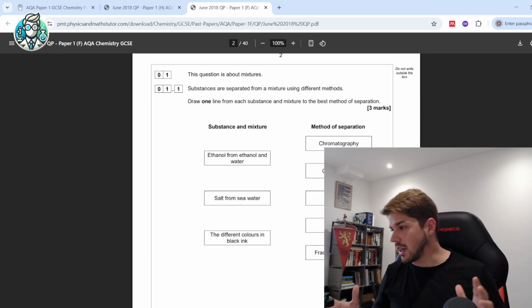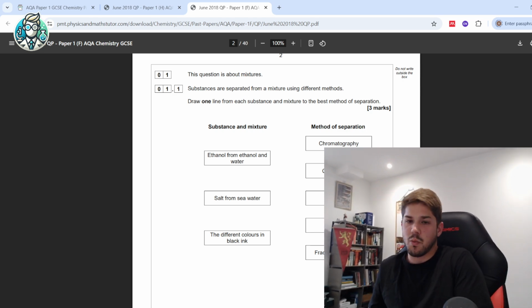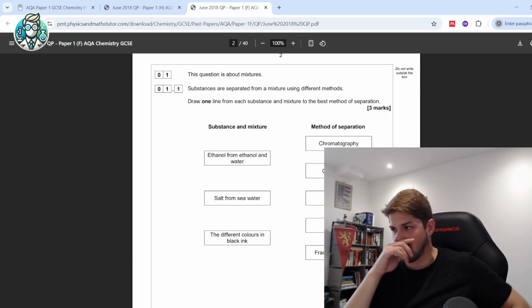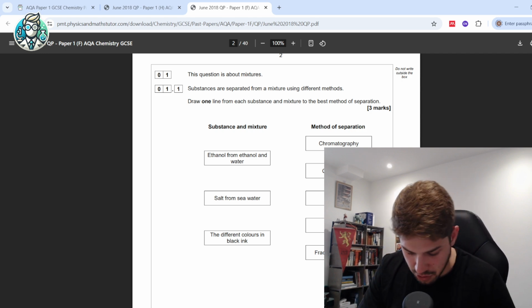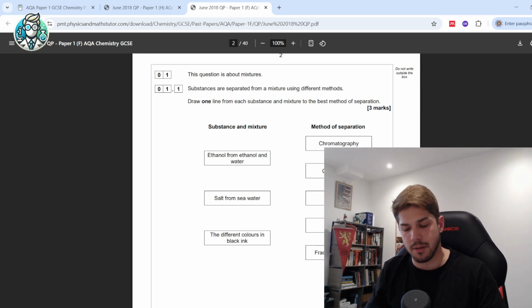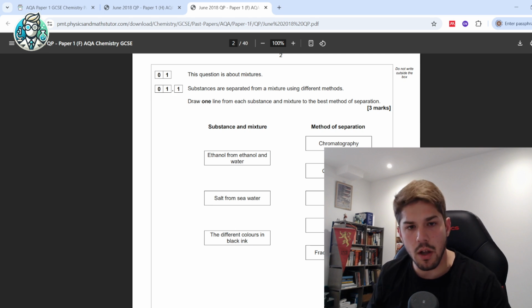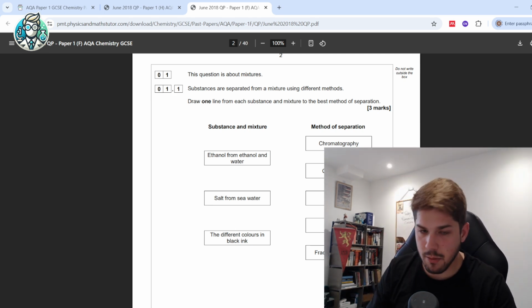So, separation techniques, okay? Depending on what we are trying to separate, we will use one thing or another. Super important, okay? Which is the example of activity we have in here. They gave us different mixtures and we need to use a different separation technique. So for example, I will write the substances and the mixtures and then we go back to the paper.